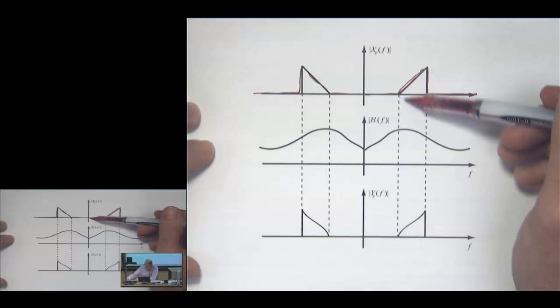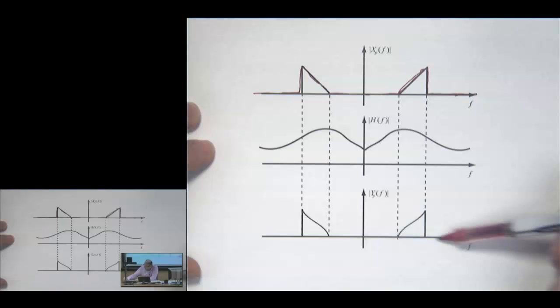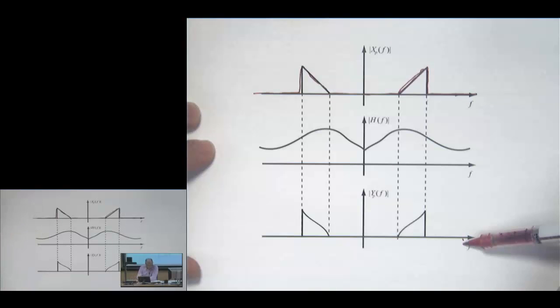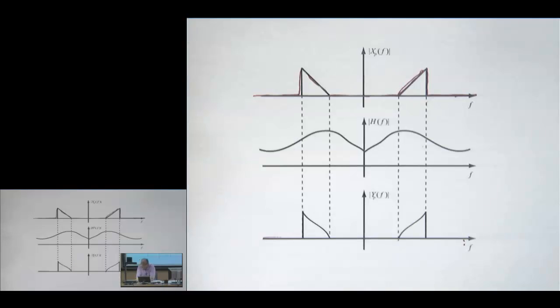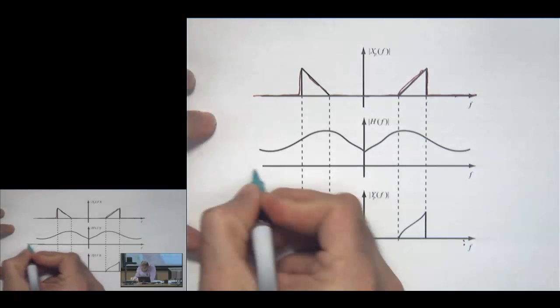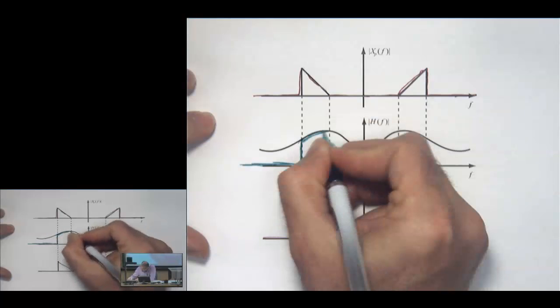It's point-wise multiplication, so all the points here become 0, all the points here become 0, and here and here. And so all we care about from the perspective of the channel is what's happening to our signal here. Actually, all we care about is this piece of the signal.